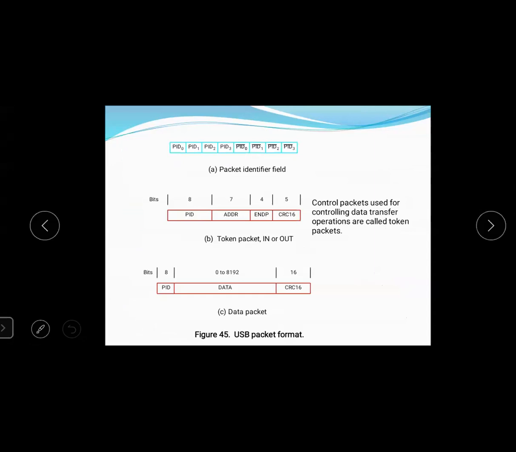First is the packet identifier, PID. In each packet format, the PID is the packet identifier, followed by the address and data, input or output, the data packet.